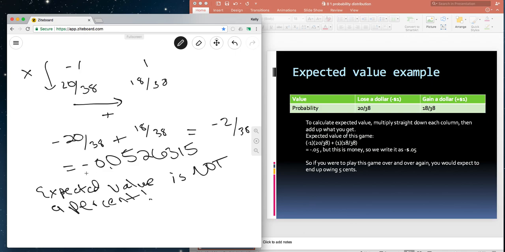Expected value is how much money, in this case, you're going to win or lose if you played this game tons of times. So on average, I'm going to round it to the nearest hundredth because it's money, you would actually have -0.05, or in everyday language, you would expect to lose about 5 cents if you were to play this game over and over again.